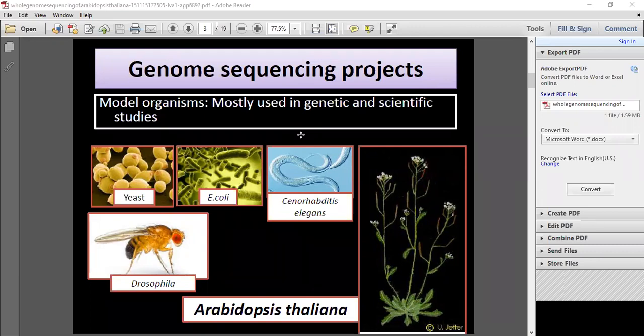Starting from the discovery of DNA, so many scientists have shown interest in studying the molecular level function of that DNA sequence or gene. So they have developed many techniques to identify the function.